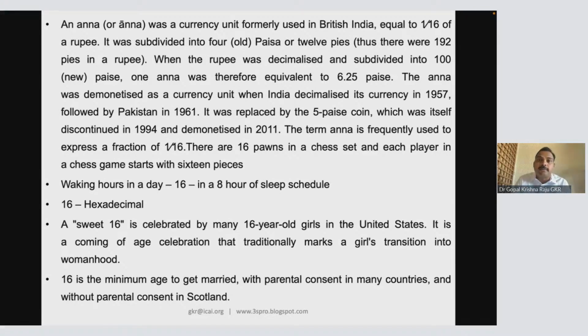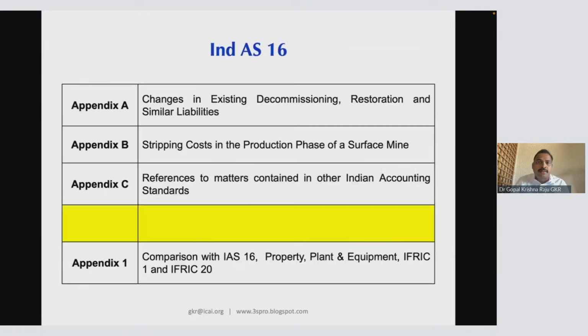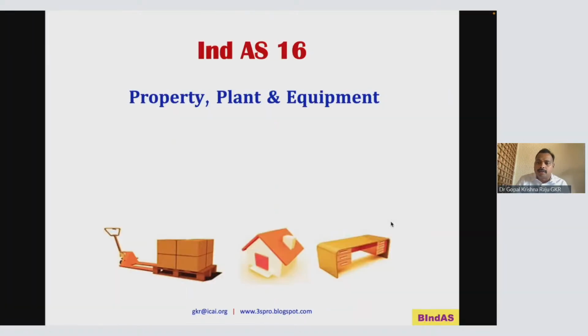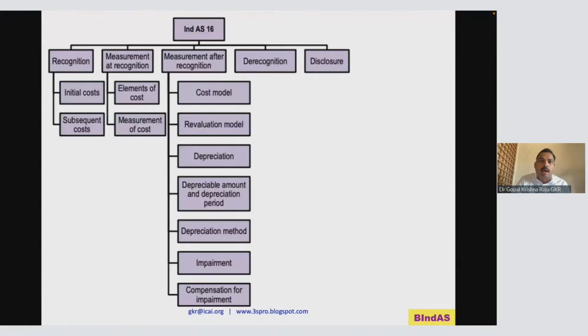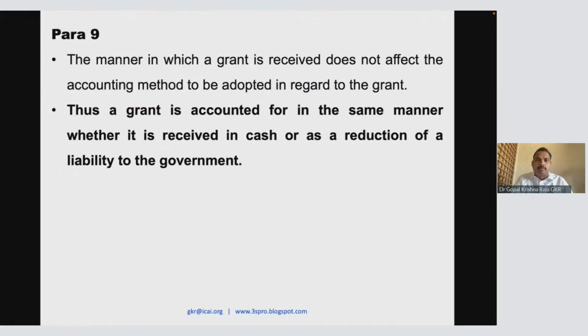Okay. So now coming to India 16, let me take you to the first question. This is your question number 1. As per Ind AS 16, you have para number 6, which has a lot of definitions.